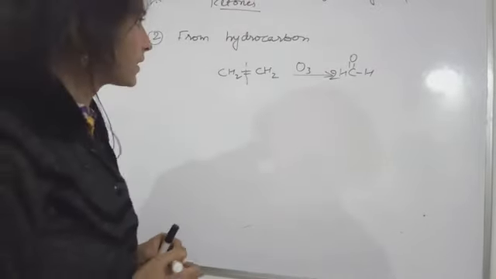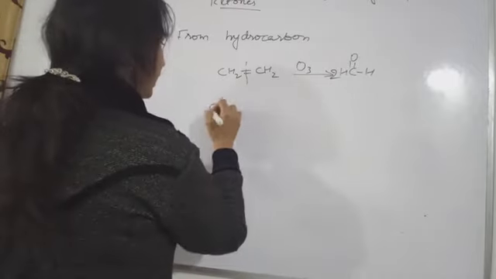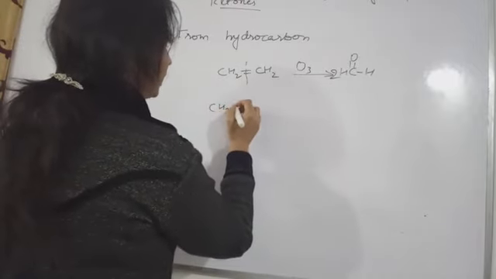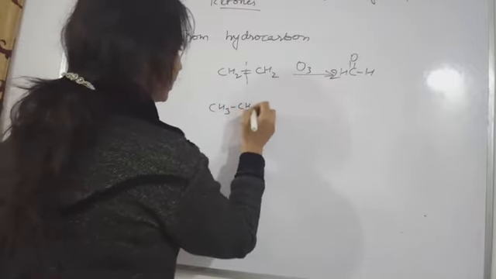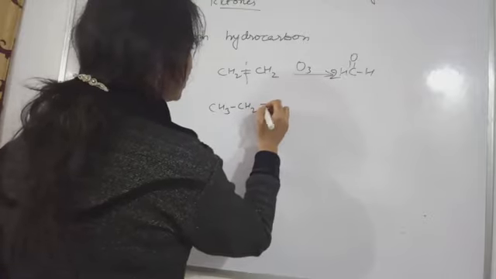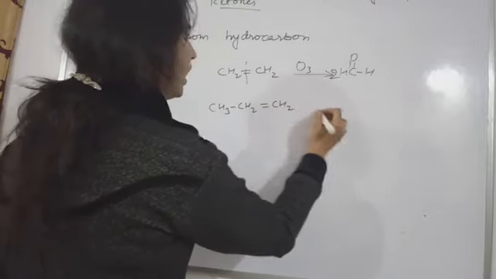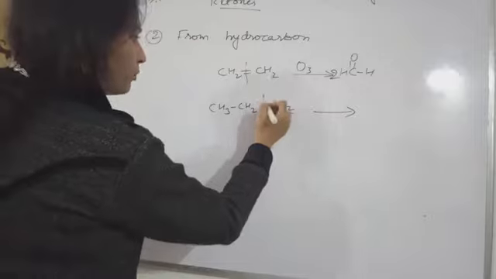In this case, if you are taking an unsymmetrical alkene, suppose you have taken this CH3 CH double bond CH2. Now what will you get from here also?